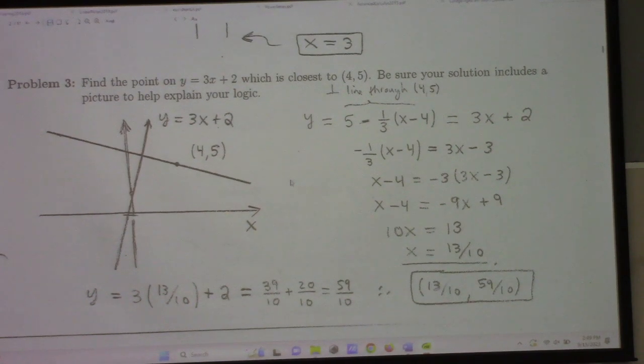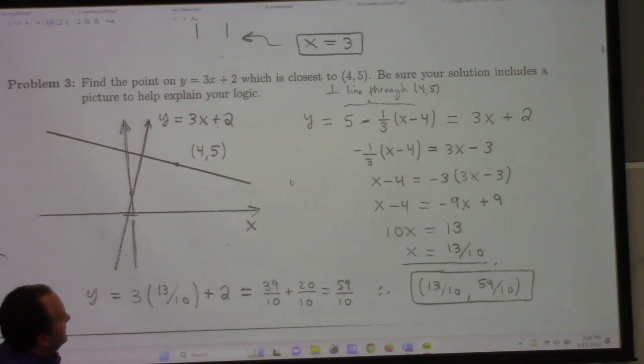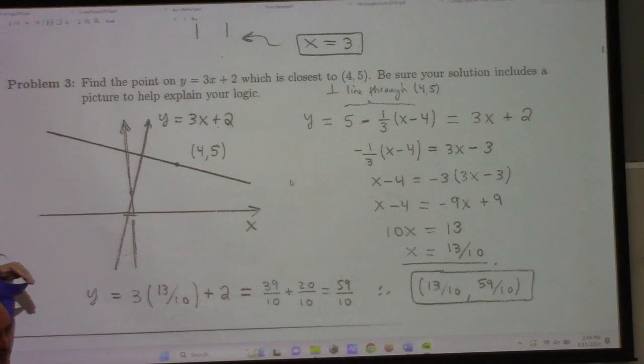This problem is probably the trickiest problem we've worked in this class, right? Find the closest point on that line to 4, 5. So the idea here is to look at the perpendicular line, because the intersection of the perpendicular line gives you the closest point. So I find a perpendicular line that goes through 4, 5.